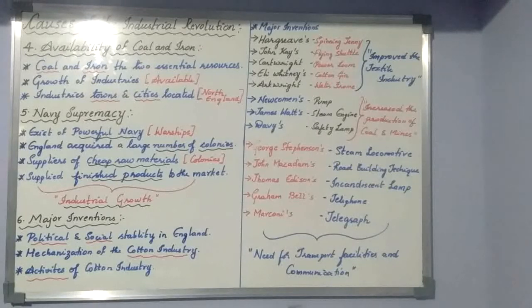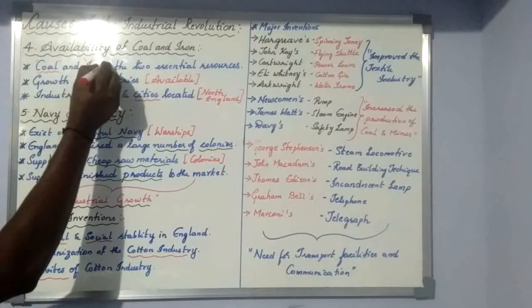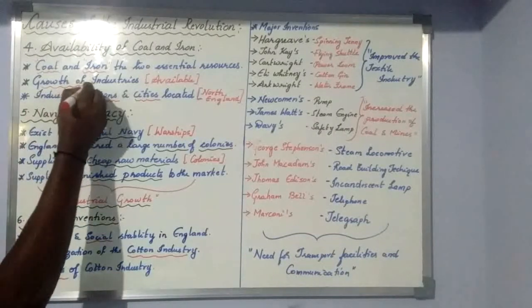Coal and iron were two essential resources that were easily available in England, which made three major industries come up: textile industries, coal industries and iron industries. This was one part of the industrial revolution, the growth of industries.